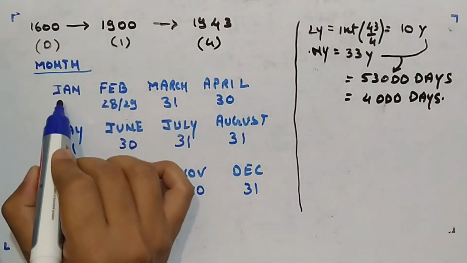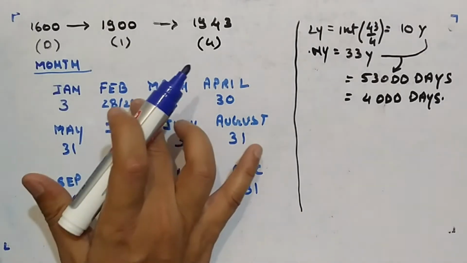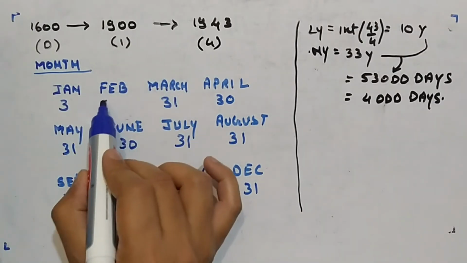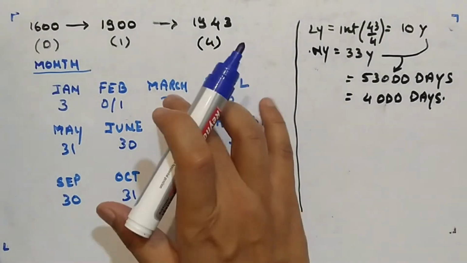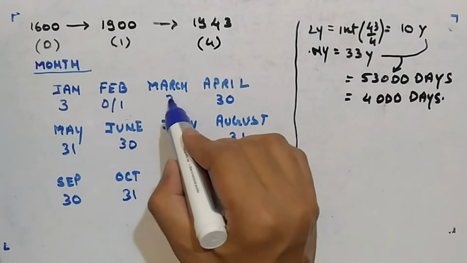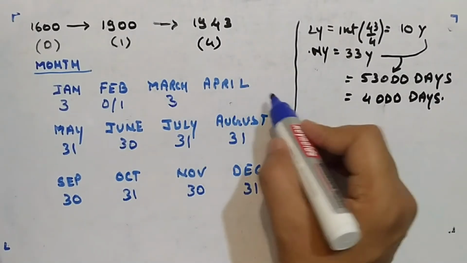I'll write the remainder only. Here the remainder will be 0, here the remainder will be 1. So I'll write 0 and 1. I am dividing by 7 and writing only the remainder. Here also it is 3, just like this. Here it will be 2: 7 into 4 is 28, remainder is 2.